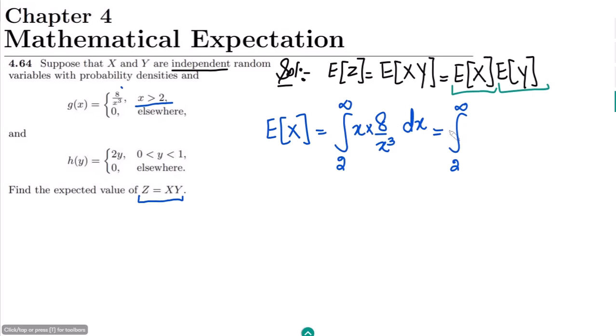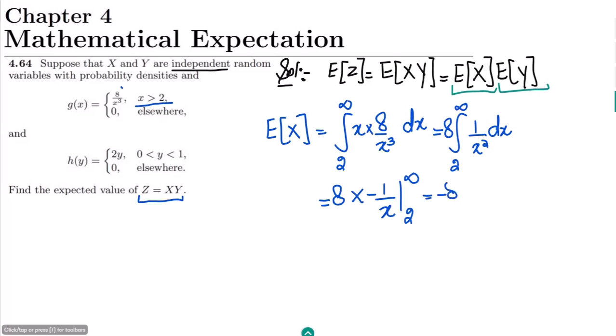Ultimately we will get the integral from 2 to infinity. This 8 is a constant, it will be outside of it, and here we will get 1 over x square dx. Let me find it out. The integral would become minus 1 over x, and the range of it would be from 2 to infinity.